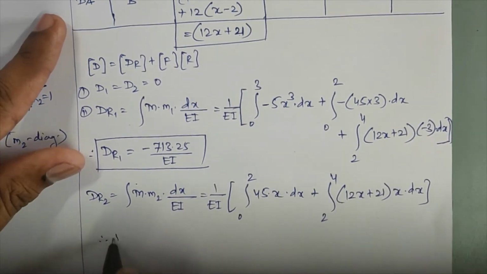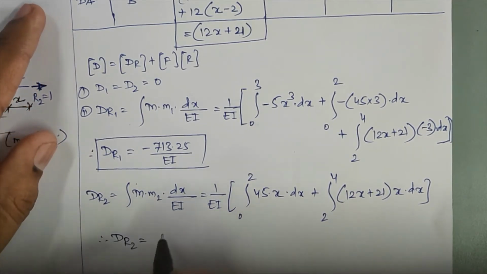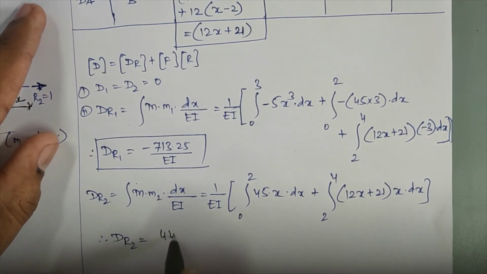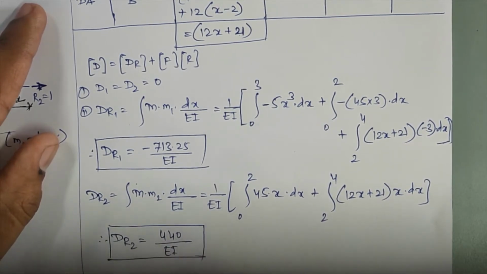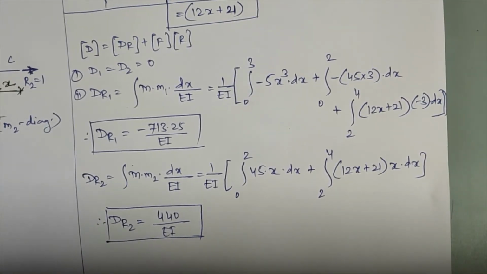So if you solve this integration, I have got Dr2 equal to plus 440 upon EI. You check this value over here. Okay, I am getting 440 upon EI.